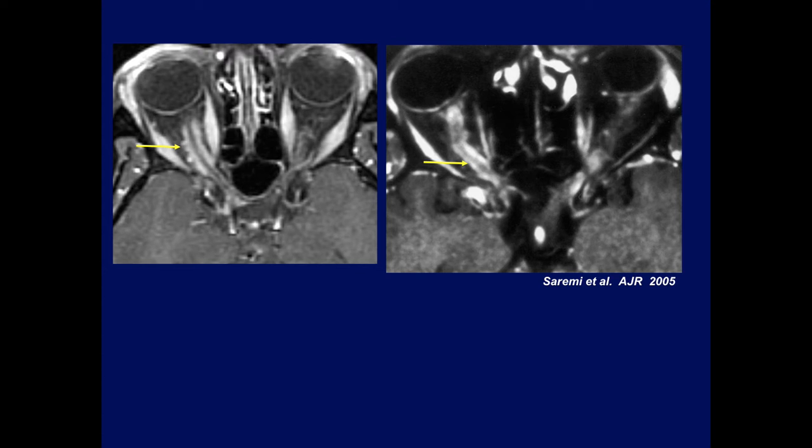Now, here are two cases, one of which is an optic nerve meningioma, the other one isn't. Any guess which one is not the optic nerve meningioma? Right or left case?